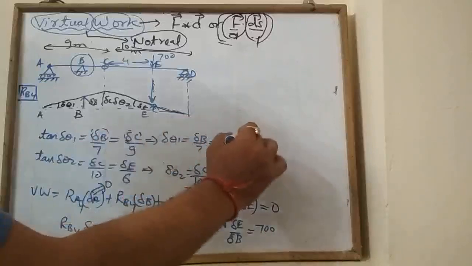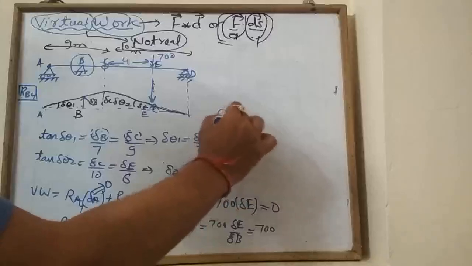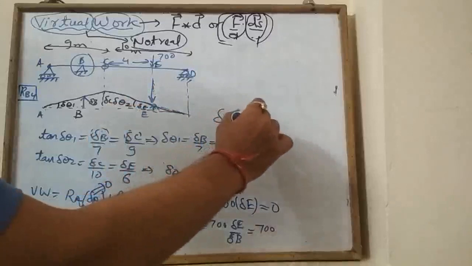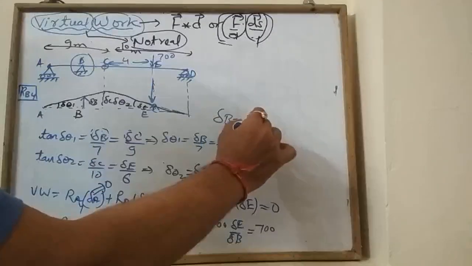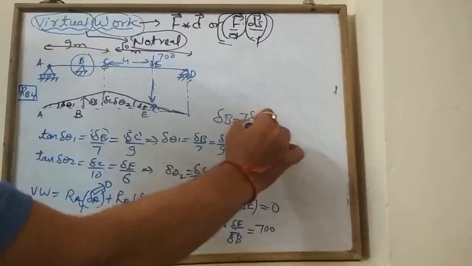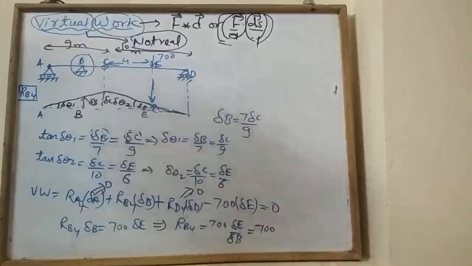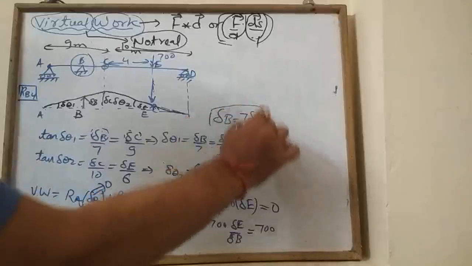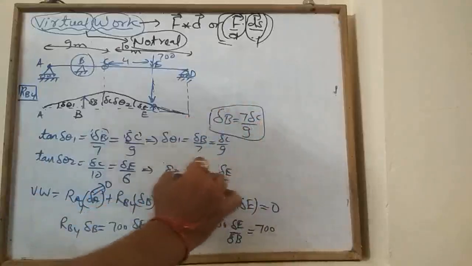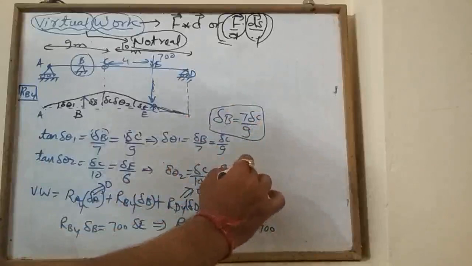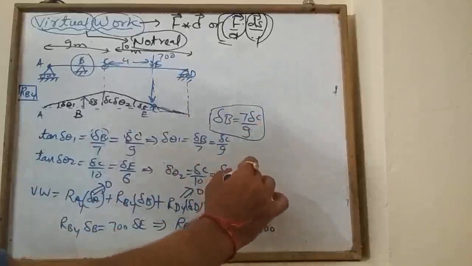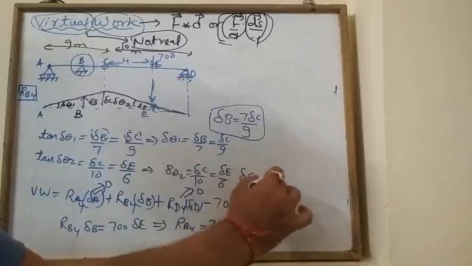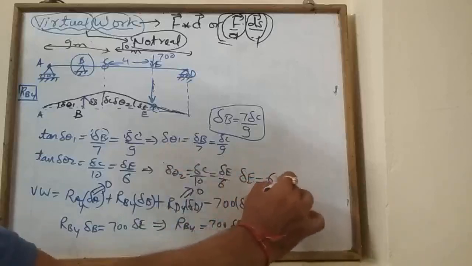Del B equals del C by 7 by 9, and here del E equals 6 by 10 del C.